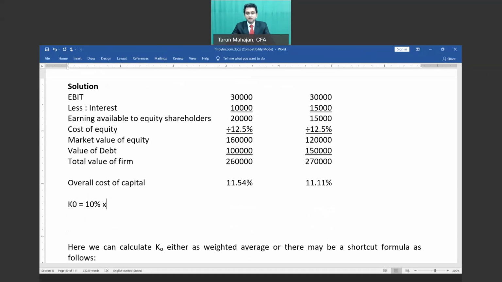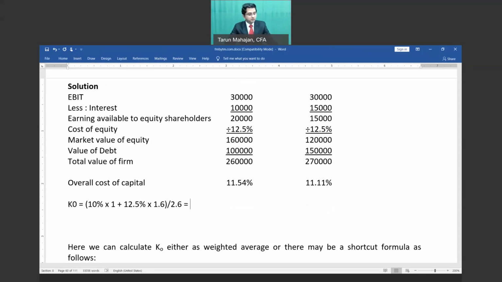Cost of debt is 10% multiplied by amount of debt is 1 lakh, plus cost of equity is 12.5% multiplied by amount of equity is 1.6 lakhs. And then I divide by total of the weights, which is 2.6 lakhs.